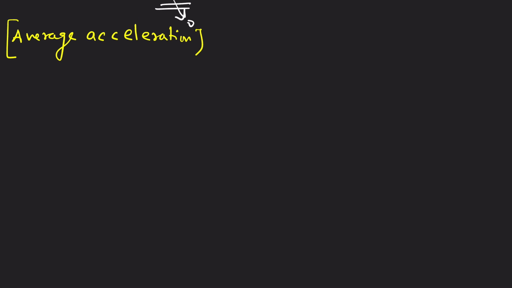Now guys, I have talked about the acceleration in general, like instantaneous acceleration. But there is one more type of acceleration that we can analyze, that is known as average acceleration. Average acceleration we know already, that is nothing but a average.